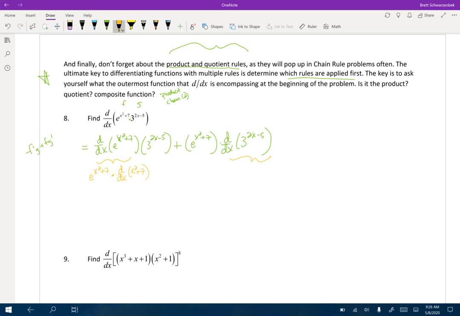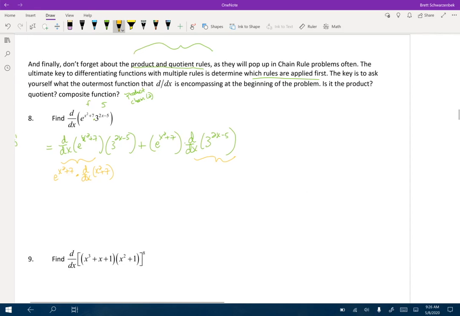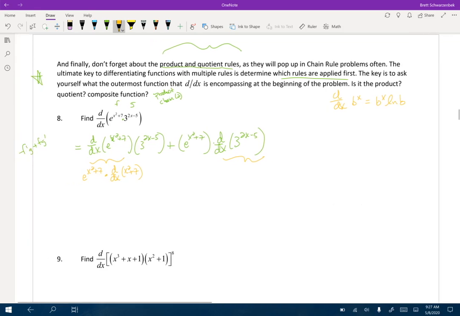What about over here? Again, what is the derivative of 3 to the 2x minus 5? Well, we have to return to our simple derivatives. Whenever we do the derivative of b to the x, that is always equal to b to the x natural log of b. Okay? So what does that look like in terms of what we're doing? Well, we have to find the derivative of 3 to whatever.